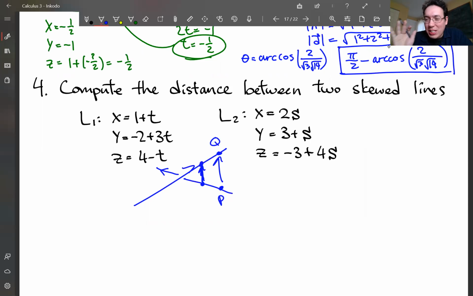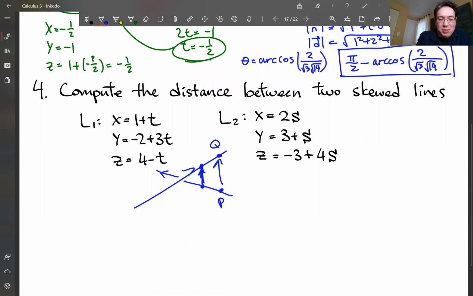I don't know if this visually makes sense to you. Imagine you're looking straight at, so I'm looking at this picture that's supposed to be my eyeball, directly from that line. So the point P is on this line, and point Q is somewhere on this other line.